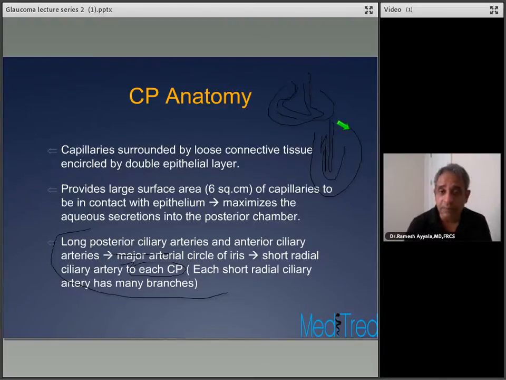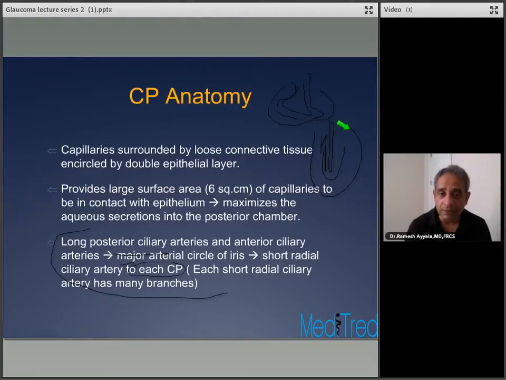Now, the posterior chamber, as you know, is a very tiny place, and you need to have all of this aqueous being produced 24/7, and for that to happen, you need to have this rich network of capillaries. The capillaries need to have a continuous circulation of blood going through, and that's the reason why these capillaries are kind of bigger than the regular size capillaries.